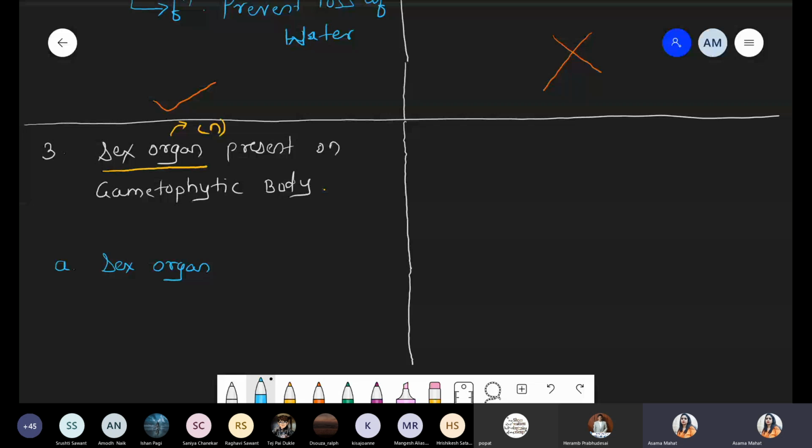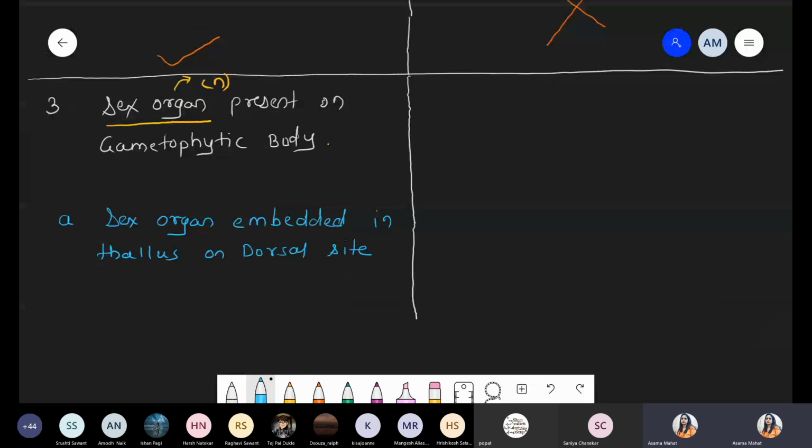So here we are talking about the sex organ embedded. Embedded means they are hidden, embedded in the thallus. Thallus means body, on the dorsal side. Dorsal side means toward the upper side.